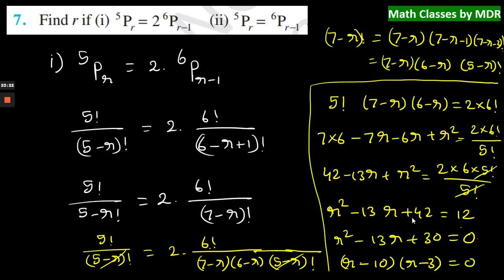Now either r minus 10 is equal to 0 or r minus 3 is equal to 0. So that r is equal to 10 or r is equal to 3. Right? But in the given equation, you can observe here it is 5Pr, right?